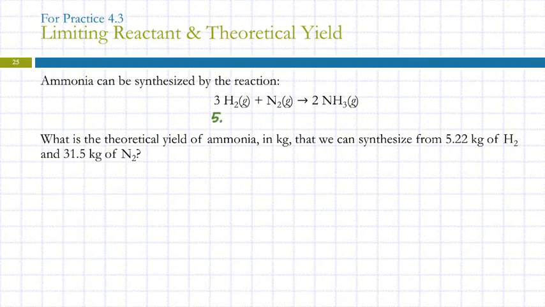So I'm going to write 5.22 kilograms under hydrogen. And 31.5 kilograms of nitrogen. The question, what is the theoretical yield of ammonia? So question mark here, and it's requesting kilograms.